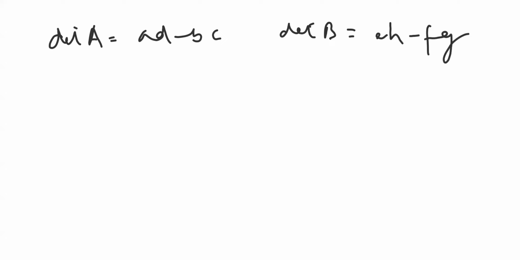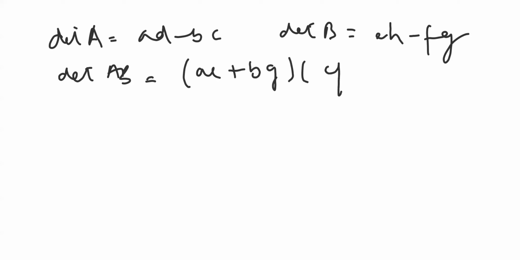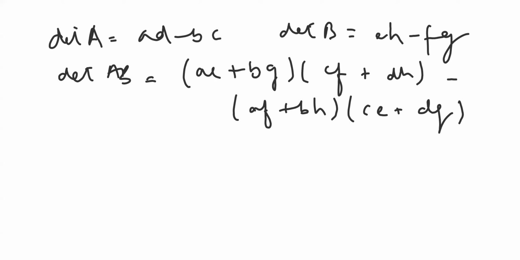So the determinant of AB now would become AE plus BG multiplied with CF plus DH minus AF plus BH multiplied with CE plus DG.